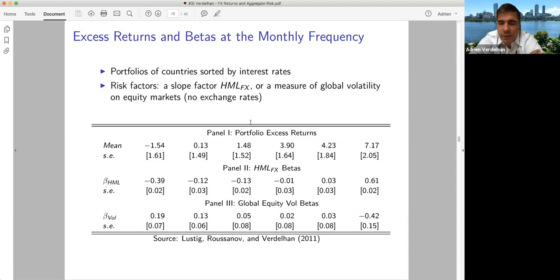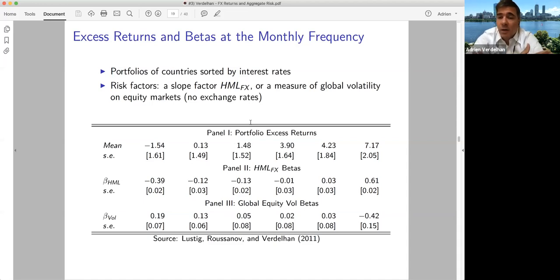But we want to build a risk factor based on volatility without using exchange rates. So look at the equity returns in many different countries, the same countries actually as in the sample for exchange rates, but you measure the equity returns in local currency. Right? No exchange rates. You compute the realized volatility, take the average over all the countries.